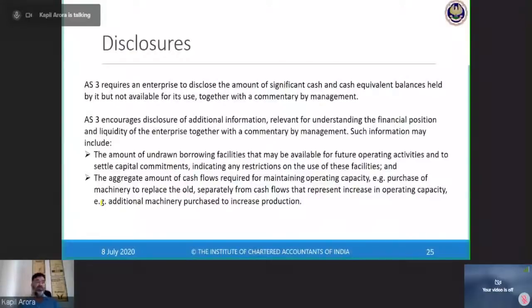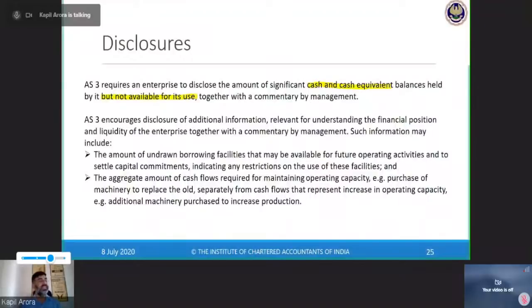Because we need to give the amount of cash equivalent which the company has, but it is not available for its use. Maybe my account is seized, or maybe it is in some other country where my amount is blocked, so I cannot use my cash equivalent.